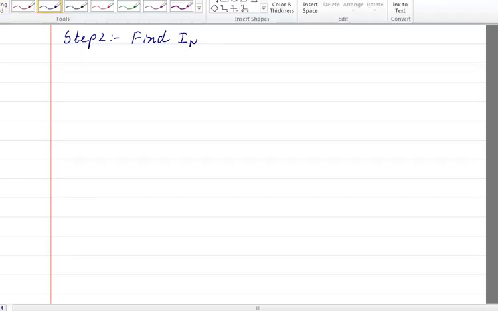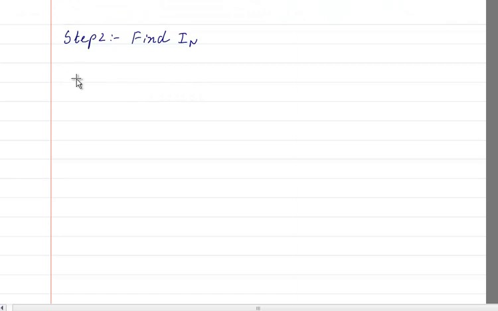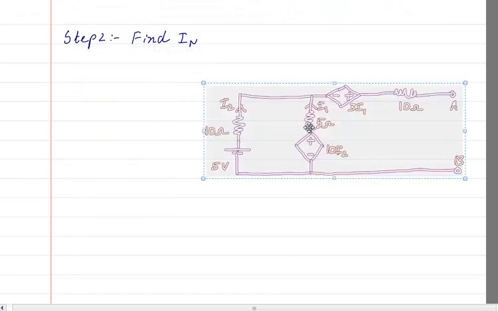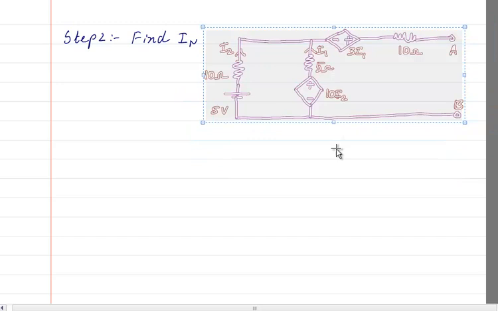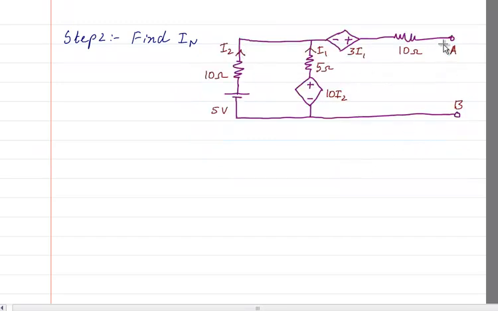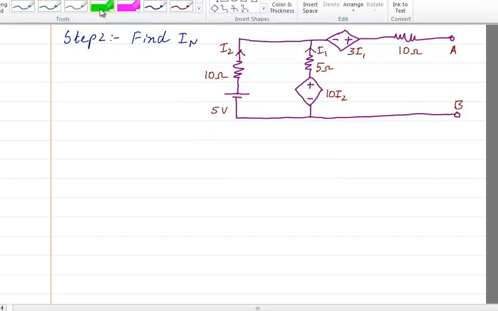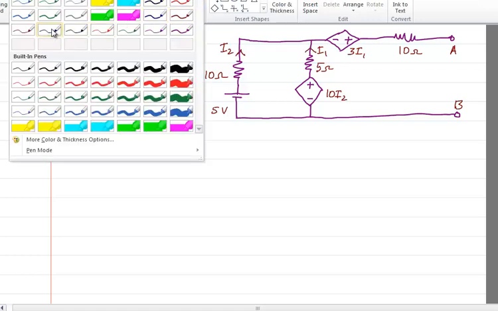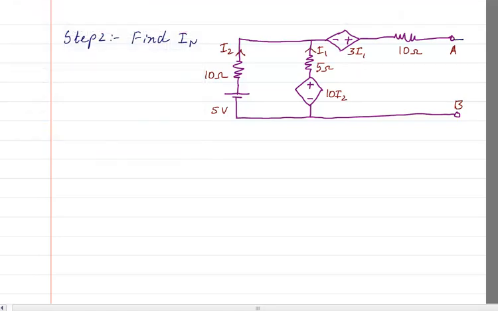And for that again we will have to redraw the whole circuit. So this is the circuit I have drawn, and then what do we do? We basically short the two terminals, and we short them, and then we write that this current is IN.